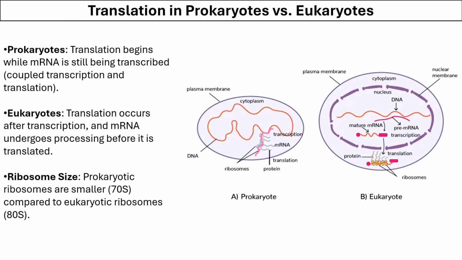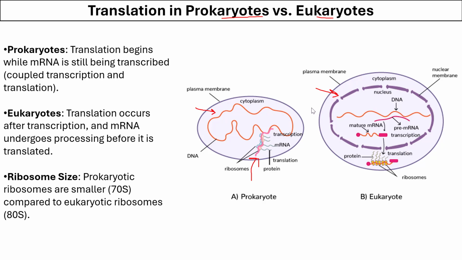Now, the main difference between translation in prokaryotes and eukaryotes is that because transcription was not occurring in a specific nucleus in the prokaryotes, the translation could start almost simultaneously with the transcription process. But in eukaryotes, there is a specific location for transcription and translation.